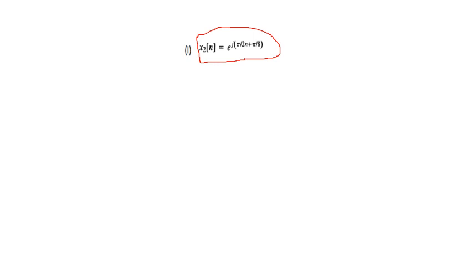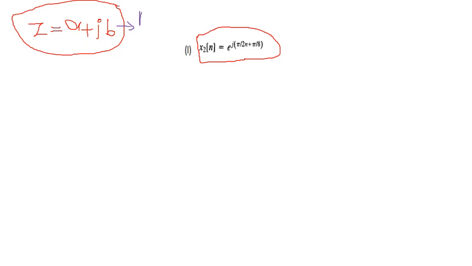You have some z equals a plus jb. This is your complex variable z. It has real and imaginary parts, so you can express this signal in what is called the rectangular form.